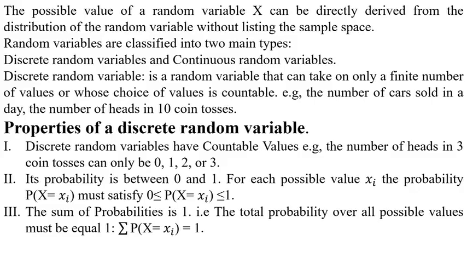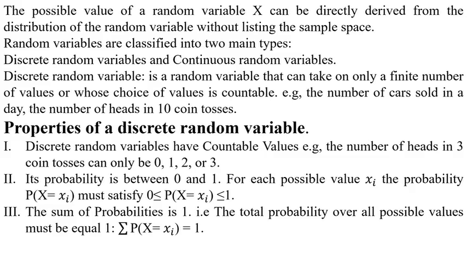So a discrete random variable is a random variable that can take on only a finite number of values, or whose choice of values is countable. E.g., the number of cows sold in a day, the number of heads in 10 coin tosses.